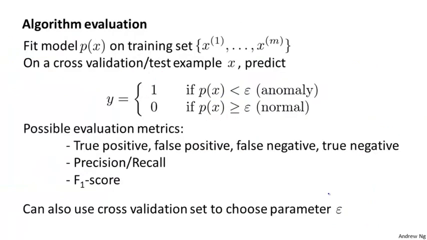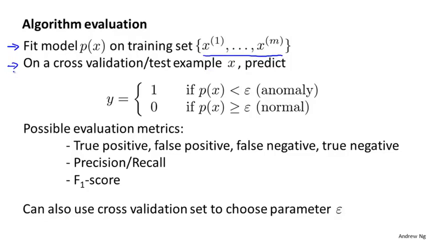Given the training, cross-validation, and test sets, here's how you develop and evaluate an algorithm. First, we take the training set and fit the model P of x, so we fit all those Gaussians to my m unlabeled examples of aircraft engines. I'm calling them unlabeled examples, but these are really examples that we're assuming are good, normal aircraft engines. Then imagine that your anomaly detection algorithm is making predictions.